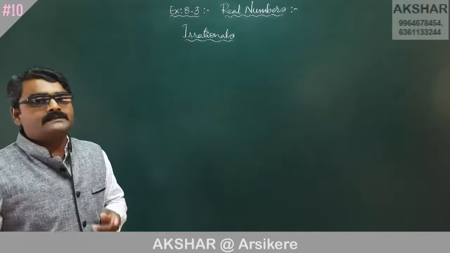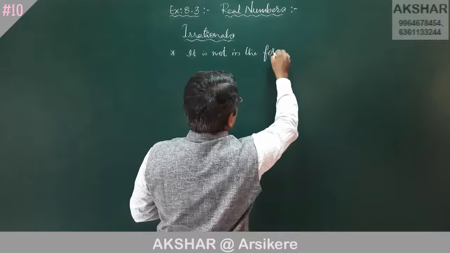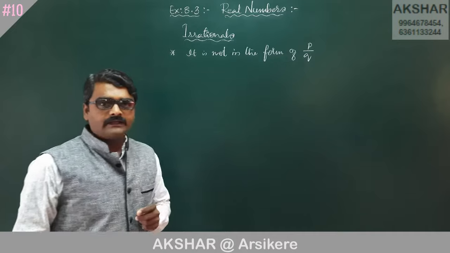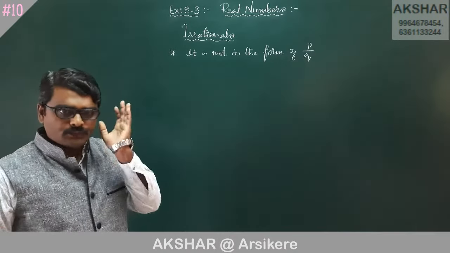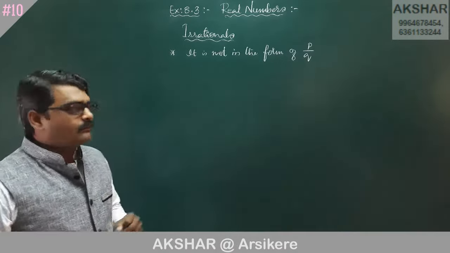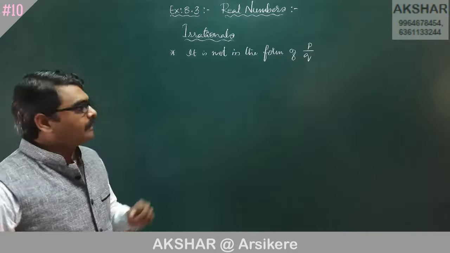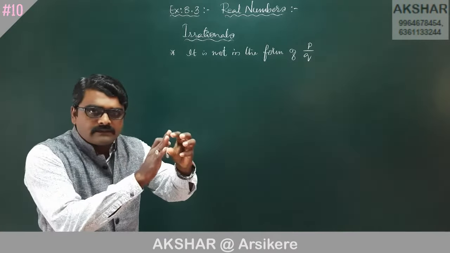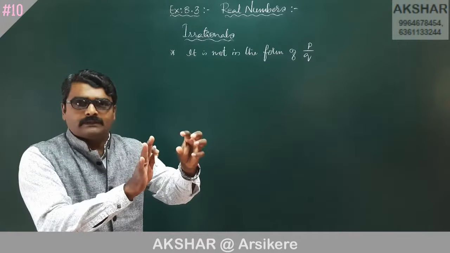Condition number 1, it is not in the form of P by Q. Why, sir? Why is it not in the form of P by Q? Because it doesn't have a perfect value. Perfect value means a number is divided by another number.